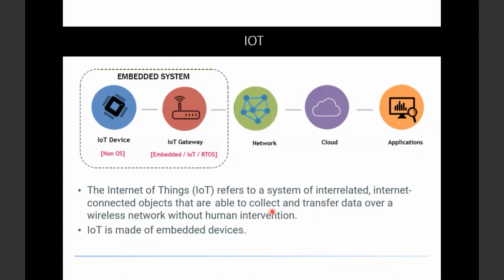Now, by using your smartphone, you can control and switch on your aircon, and after you reach home, your house is already cooled down. This is what IoT is about, and IoT is made of embedded devices, which means that all IoTs have at least one embedded system inside.